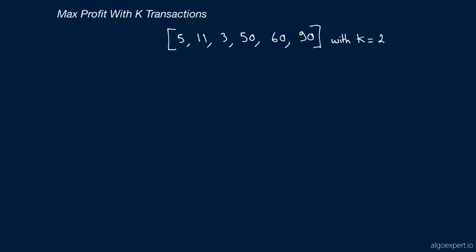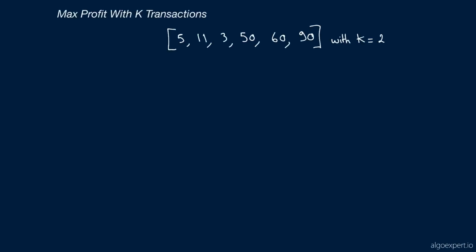And then the integer k represents the amount of transactions that you as an individual are allowed to do. A transaction is defined as buying a share of stock and then selling it. And so we want to know what the max profit is that we can get with k transactions given these stock prices. One last thing, we have to note that we can only hold one share of stock at a time.